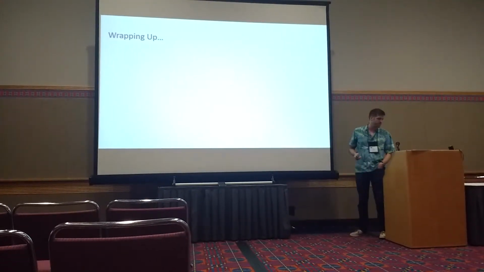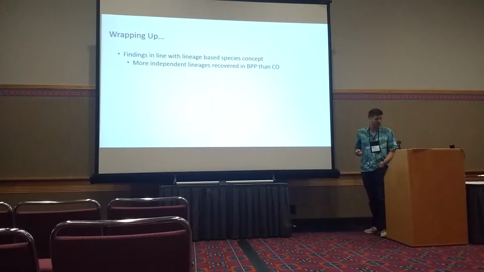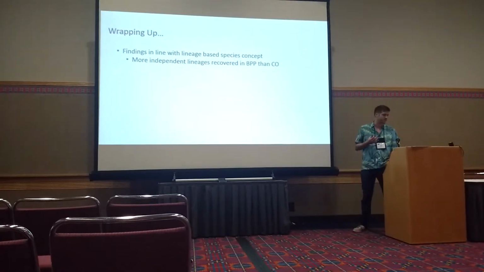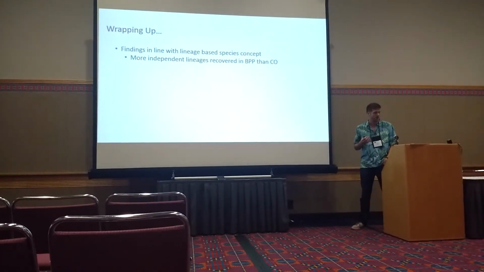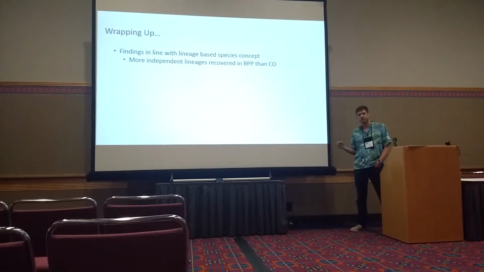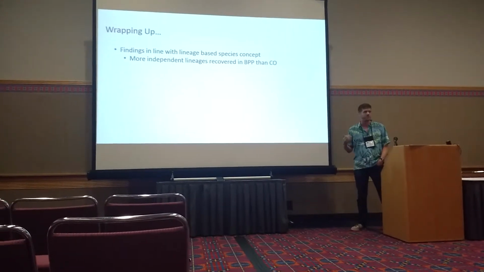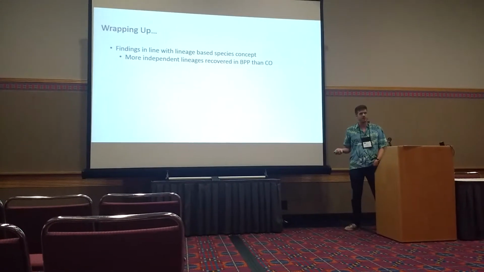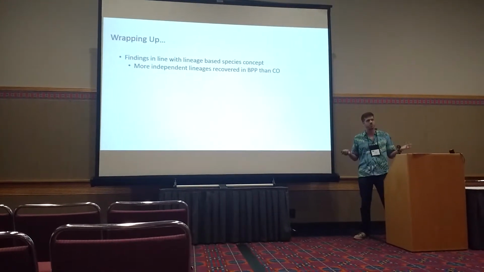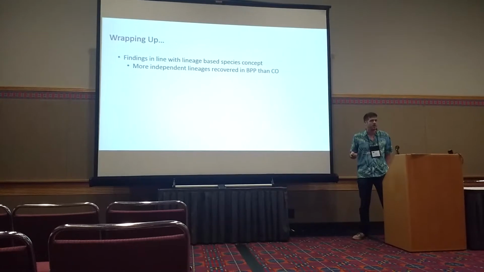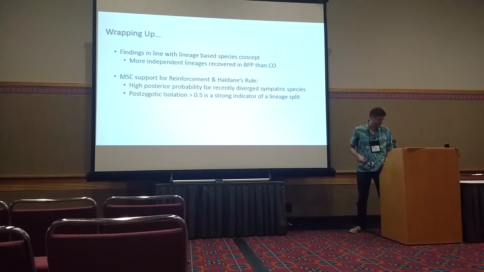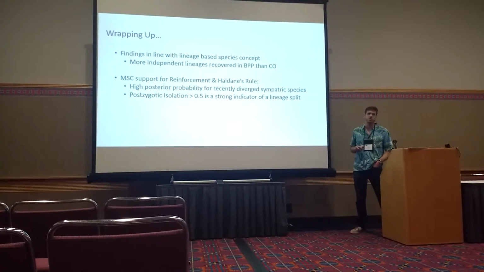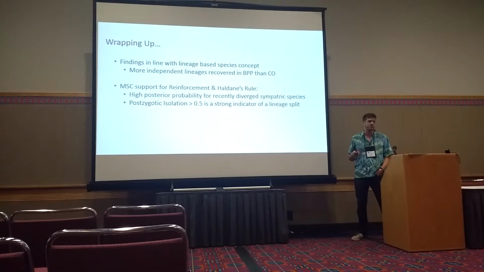So wrapping things up here, our findings from the MSC delimitation were in line with a lineage-based concept of what a species is. We found more using BPP than Coyne and Orr did, but that's not really surprising. That means that both of them did what they said they were going to do. We did find support for both reinforcement and Haldane's rule.